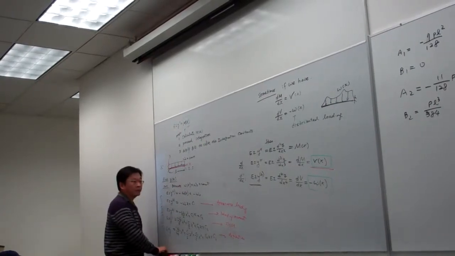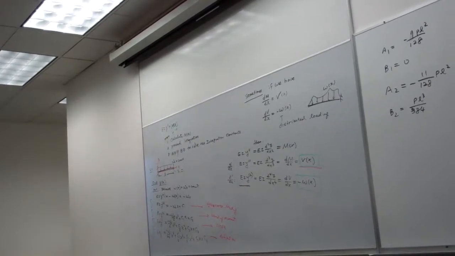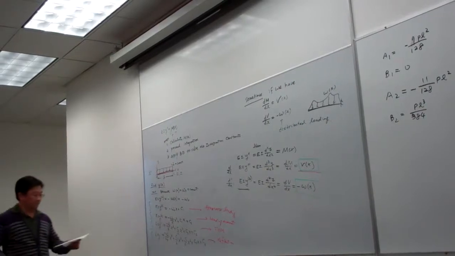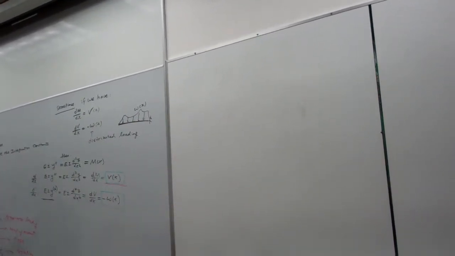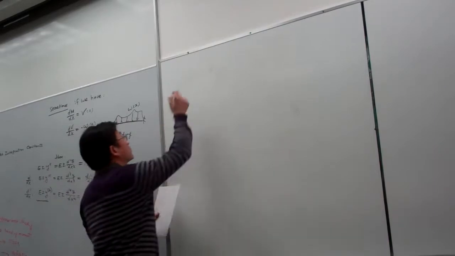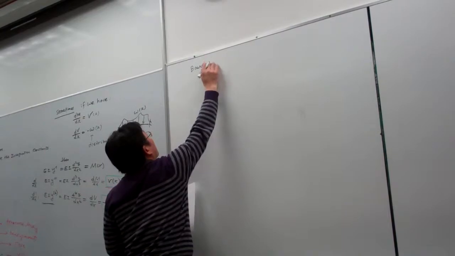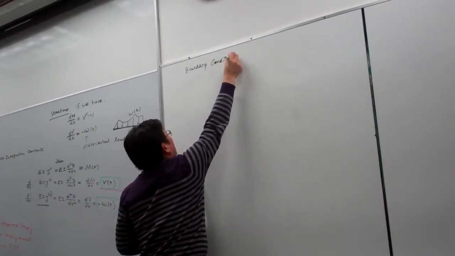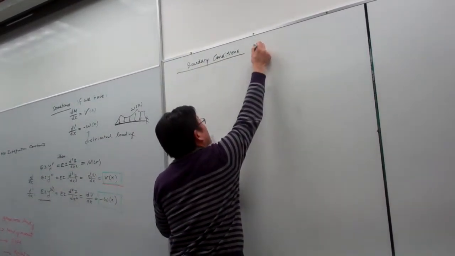Before I do that, I need to give you a list. I summarize a few kinds of boundary conditions here, and hopefully this can help you. So in these tables, I use these notations.